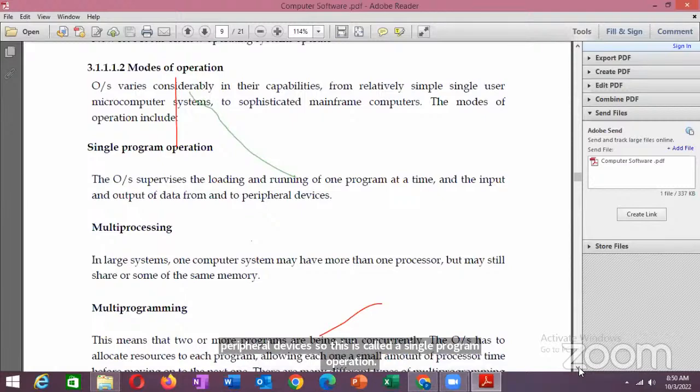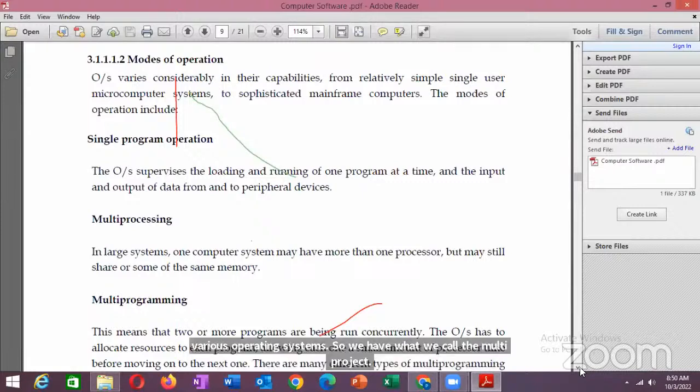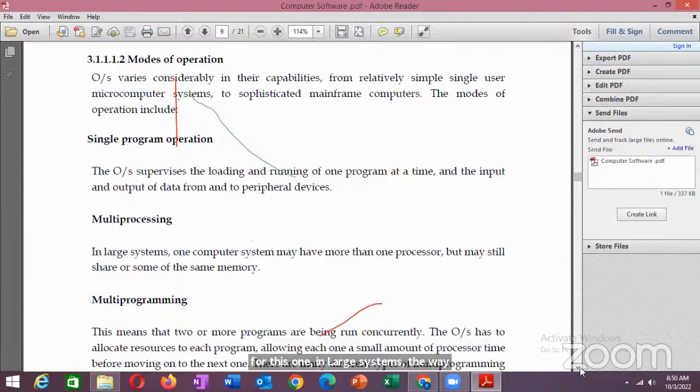Then we have what we call multiprocessing. These are the modes of operation of the various operating systems. In large systems, one computer system may have more than one processor, but they may still share some or all of the same memory.